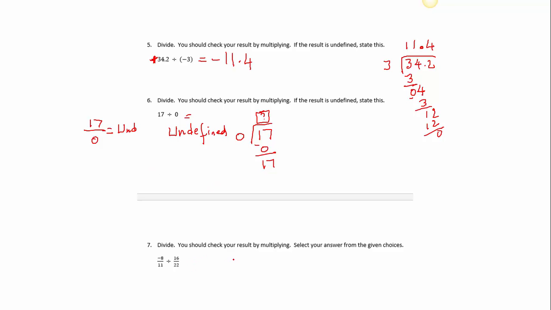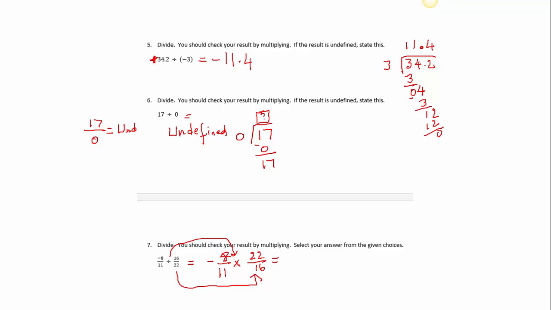Divide, you should check your result by multiplying. When you divide fractions, you need to rewrite the first term, but then you multiply. Change division to multiplication and take the reciprocal of the second fraction, and that's going to be 22 over 16. Now we can multiply straight across, or we can simplify numerator with denominator.